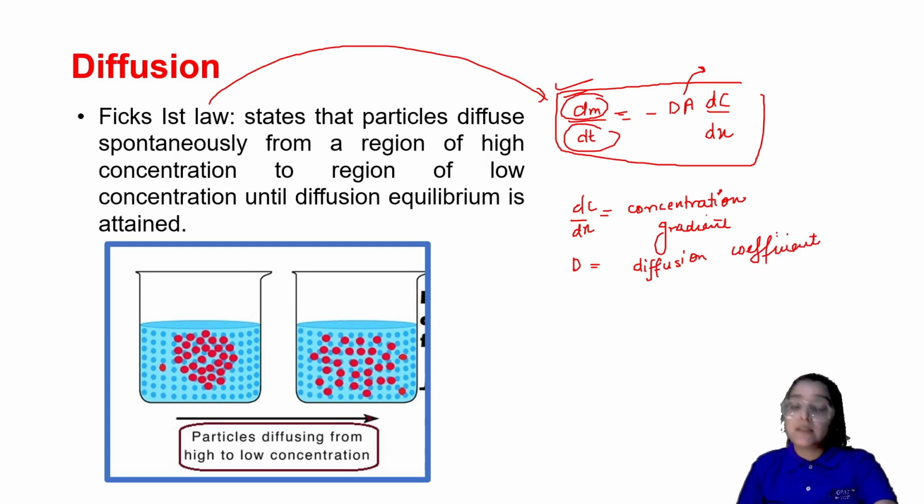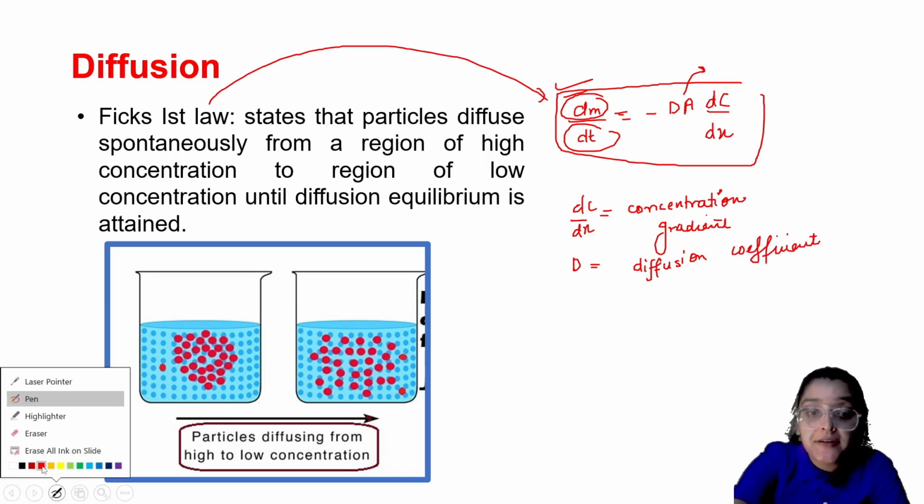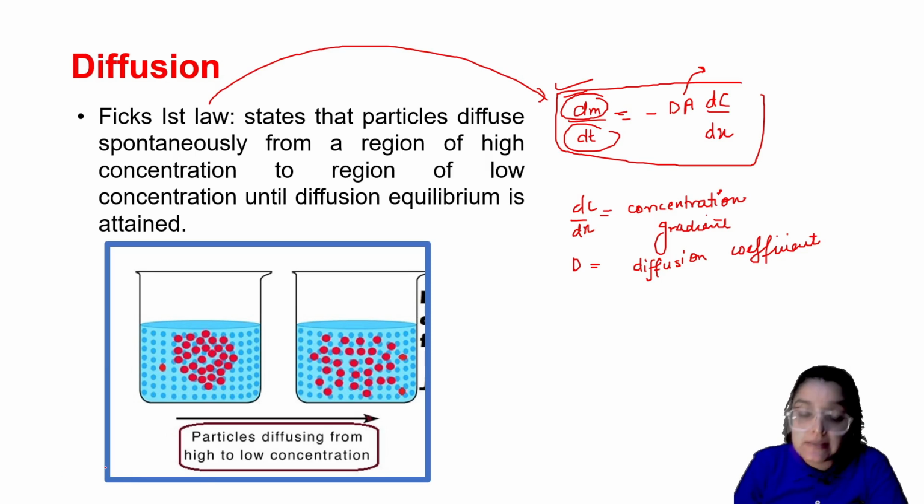Other than this, you must know that with the decrease in the particle size, very important point, the velocity of the molecules is going to increase, and vice versa. When there is an increase in the particle size, the velocity of the molecules is going to decrease.